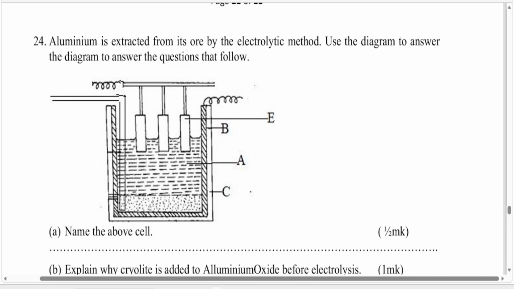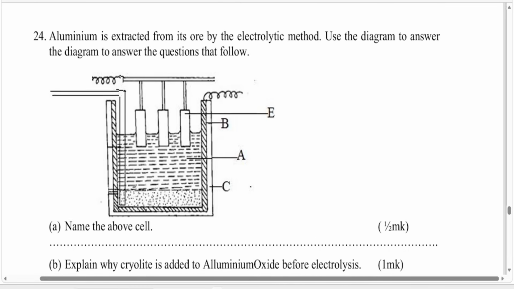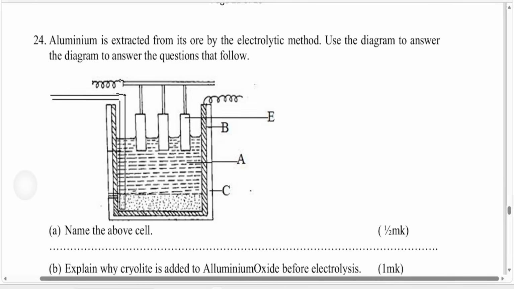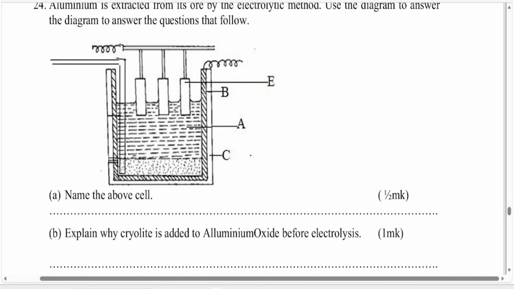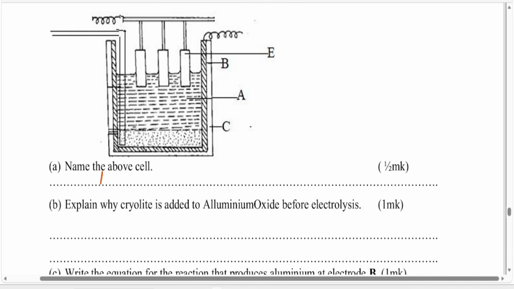As we can see, this is the setup that we use while extracting aluminium from its ore. We are told to name the above cell. Which name do we give to this type of cell? The name of the cell is Héroult cell or Hall cell.